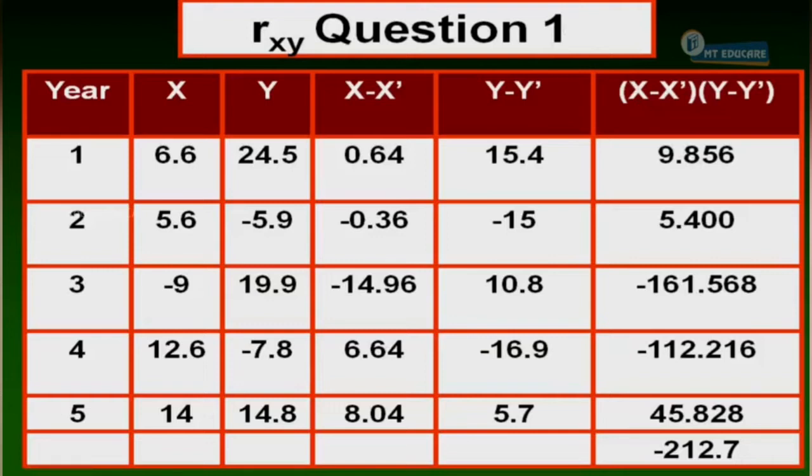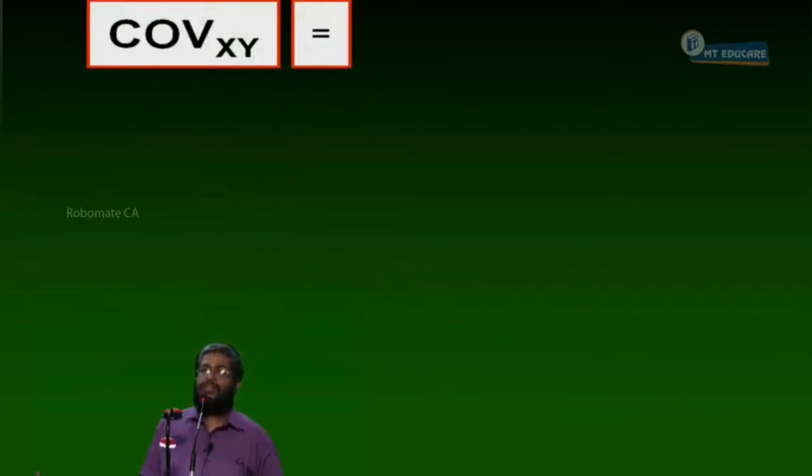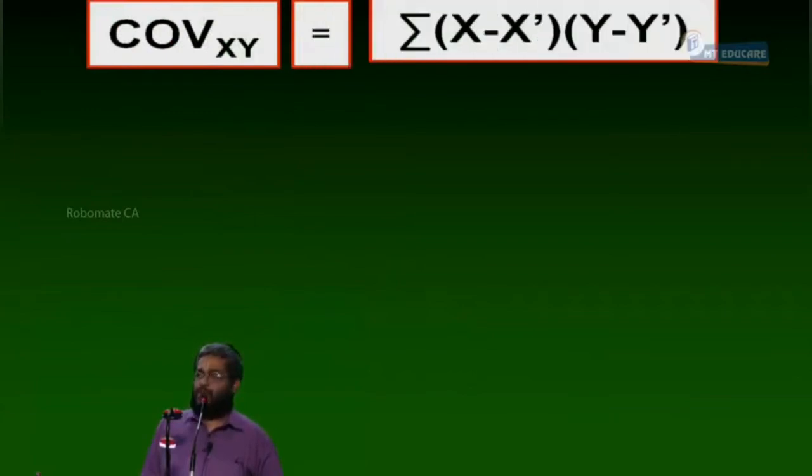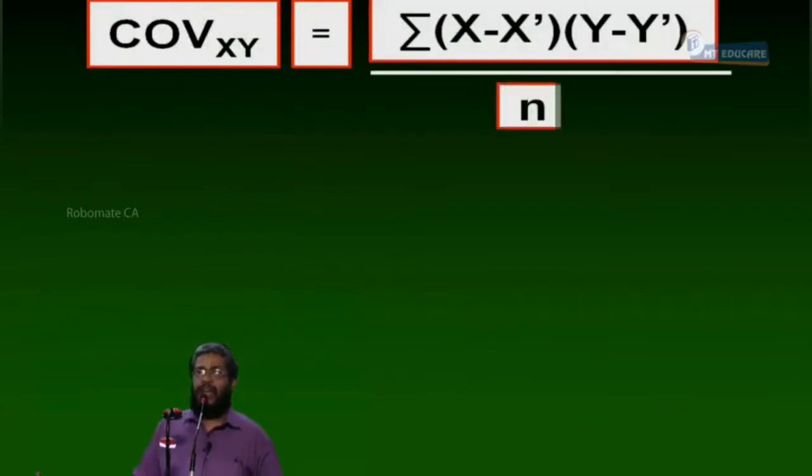Covariance of X and Y is equal to sigma X minus X bar into Y minus Y bar divided by n.